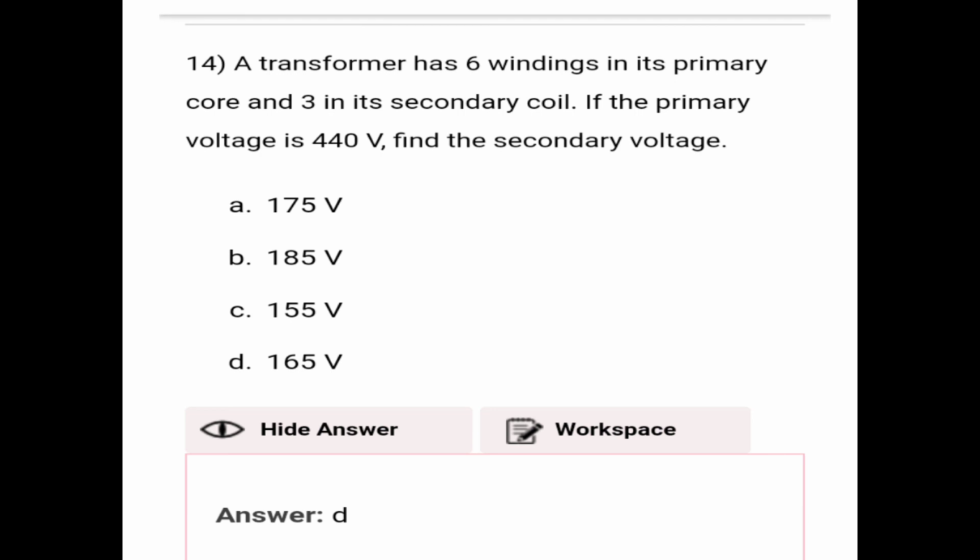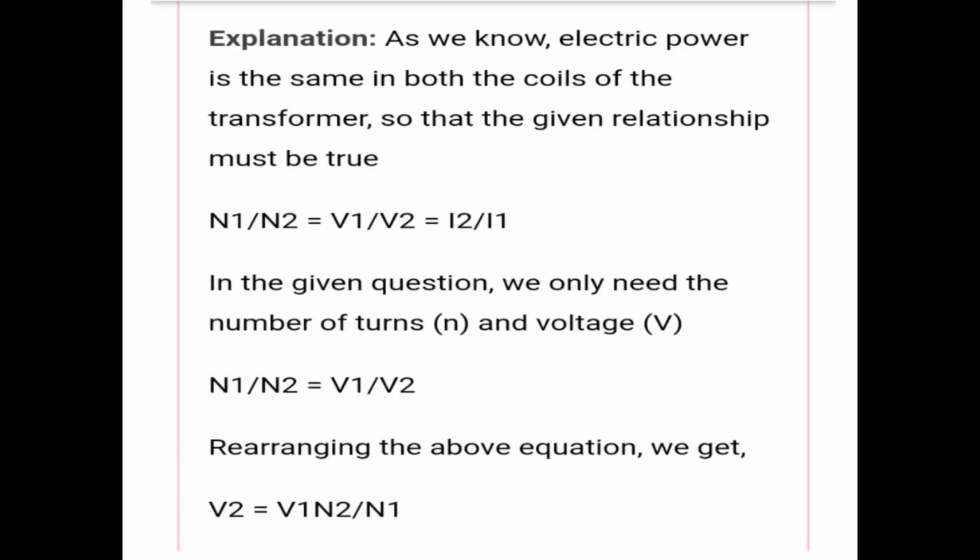Next is: a transformer has 8 windings in its primary coil and 3 in its secondary coil. If the primary voltage is 440 volt, find the secondary voltage. The correct answer is option D, that is 165 volt. Explanation: as we know, electric power is the same in both the primary and secondary coil of the transformer, so this relationship must be true: N1 upon N2 is equal to V1 upon V2 is equal to I2 upon I1.